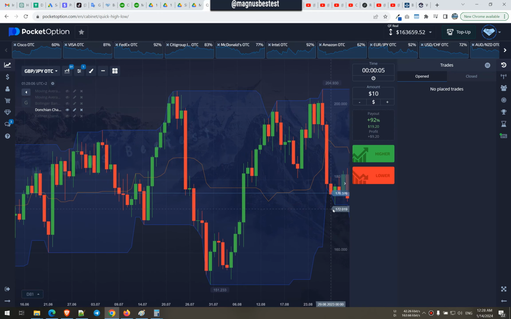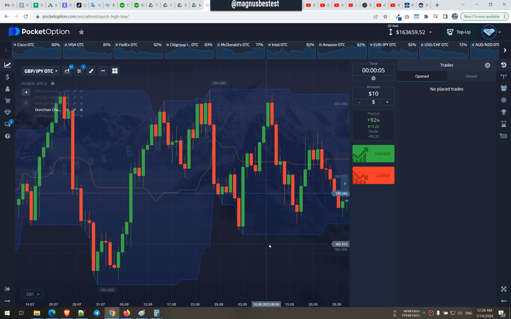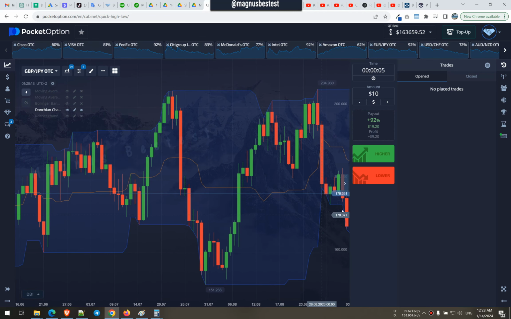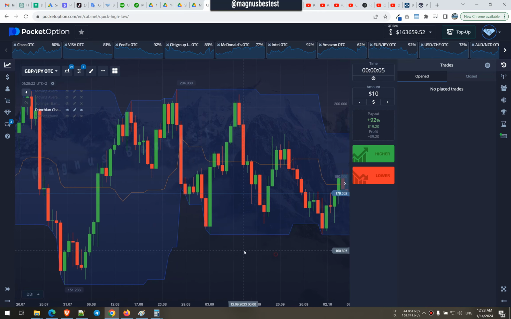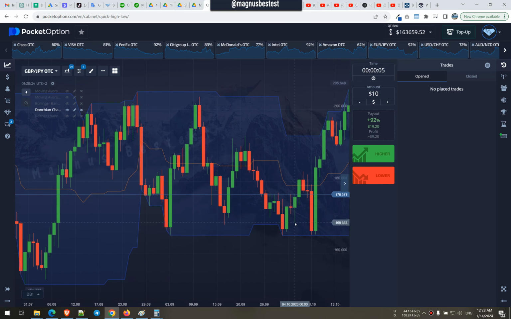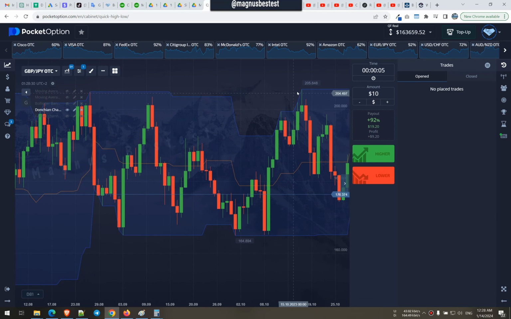Then it depends on you how long ranges you want to trade breaks of. Maybe this is too low a range, but let's say, what do we have here? Maybe this break, no, it didn't close, but it would be a fake out.